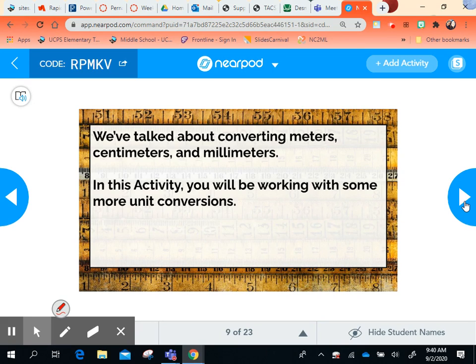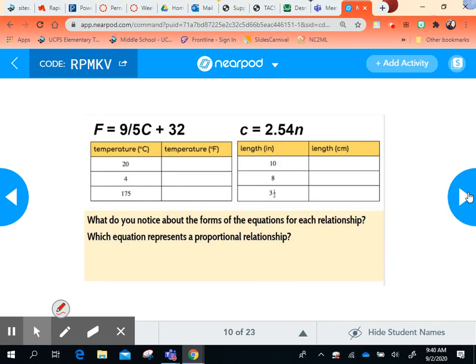So we've talked about converting meters, centimeters, and millimeters. You will be working with some more unit conversions. I'm going to go ahead and solve this one, so make sure you're paying attention. It says, what do you notice about the forms of the equations for each relationship? Which equation represents a proportional relationship?